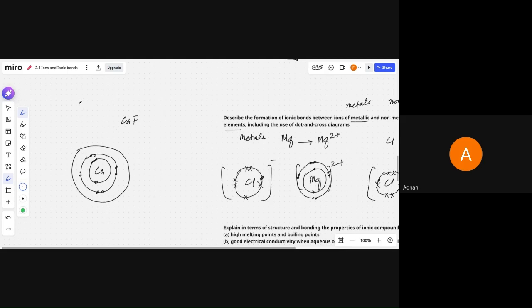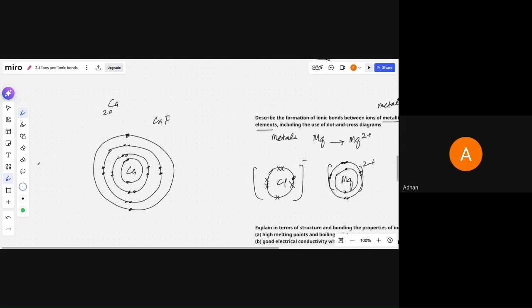It has atomic number 20, so 20 electrons. 8, 10, 1 2 3 4 5 6 7 8. And now the fourth shell contains 2, 1 and 2.